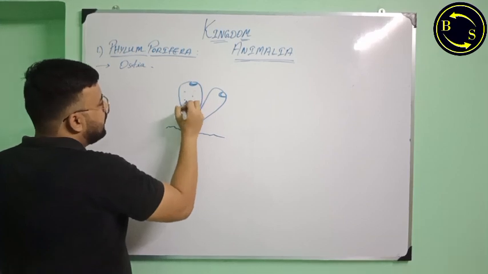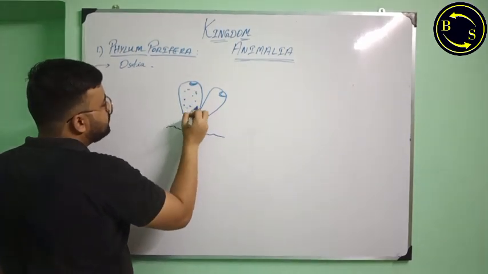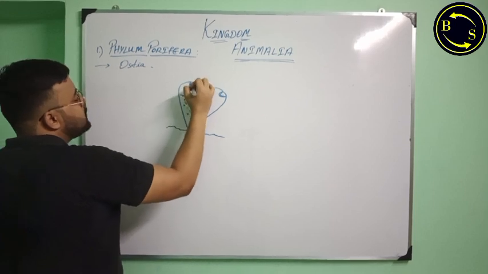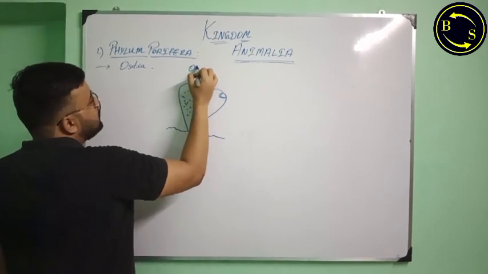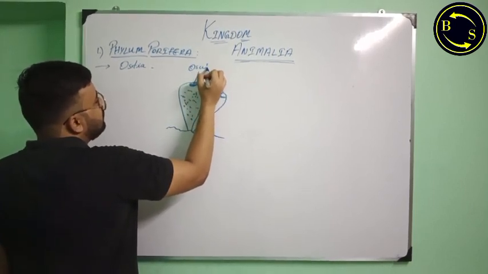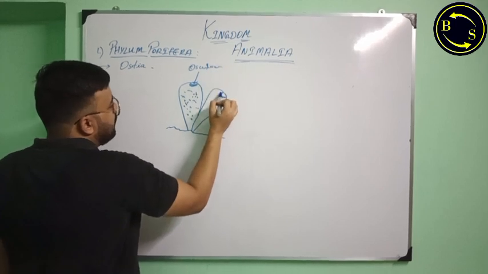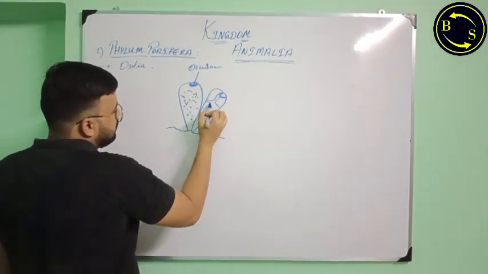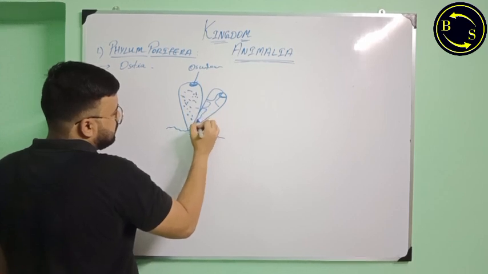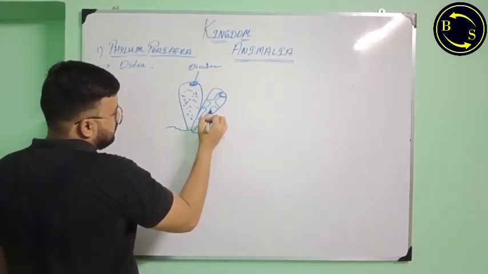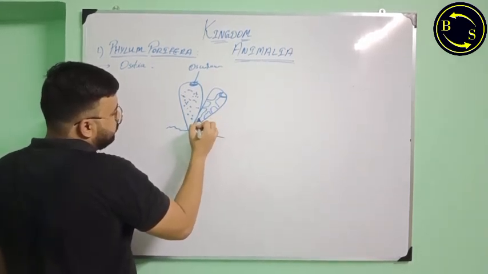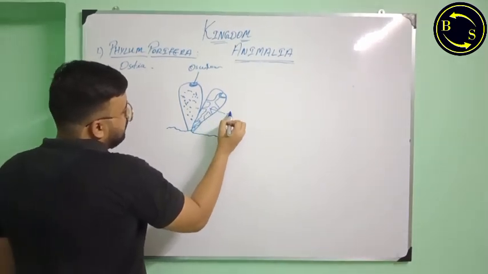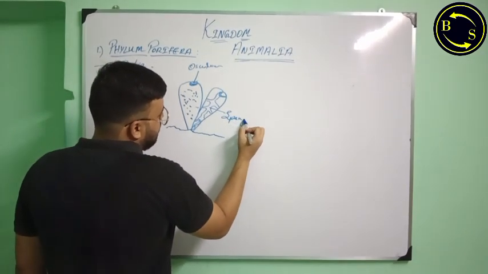It has got numerous pores throughout its body called ostia, and a large pore on the top called osculum, and a central cavity connected by the ostia called the spongocele.